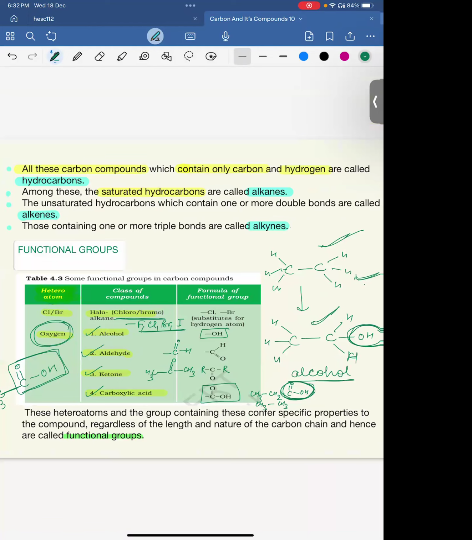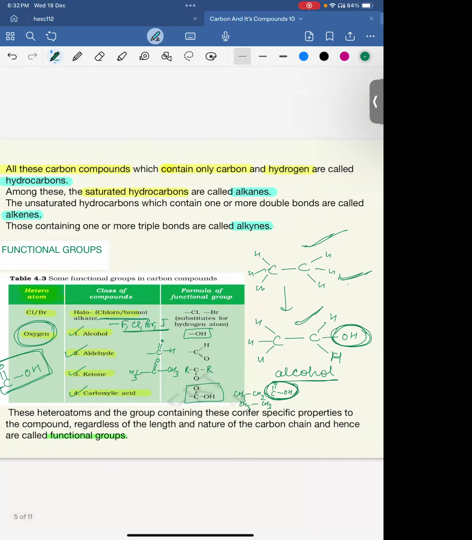So if we are asked what is a functional group, functional groups have heteroatoms. Heteroatoms are atoms other than carbon or hydrogen. For example, this is a simple alkane. If we add any other atom, such as chlorine, bromine, iodine, or oxygen, these are heteroatoms.